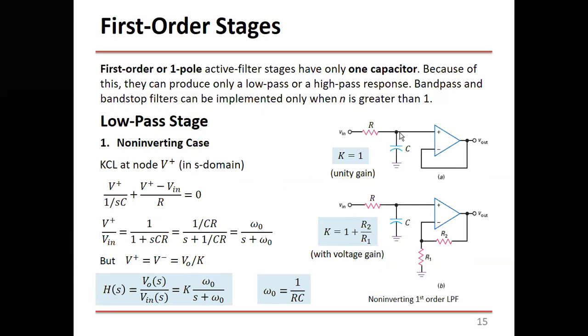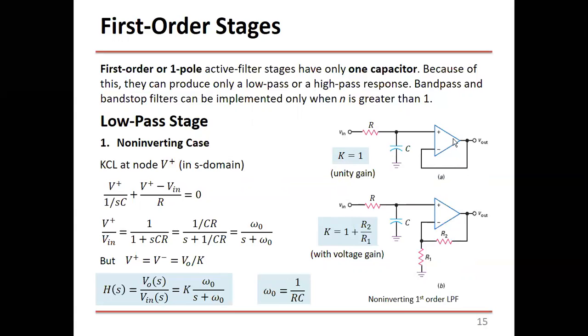So if you do KCL at this point here, at the V plus node, you have to remember two golden rules. The first one is that these two voltages are the same, and there is no current getting into the amplifier. These are the two golden rules for the operational amplifier.